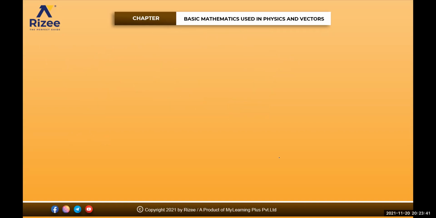Chalo, one more example. Number B. If I'm giving you B bar is equal to minus 2i cap plus 2 root 3 j cap, I need the magnitude and direction.